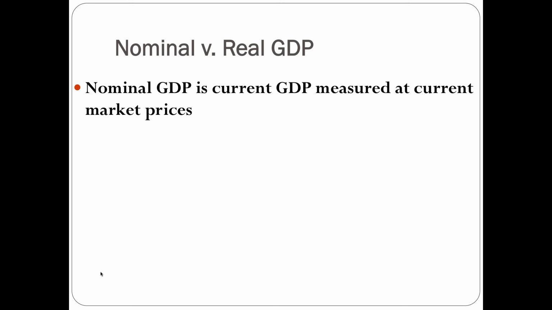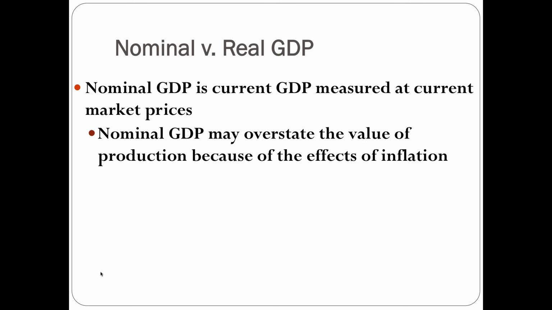It's not adjusted for deflation, in which prices are falling in an economy. It's unadjusted. So nominal GDP may overstate the value of production because of the effects of inflation.